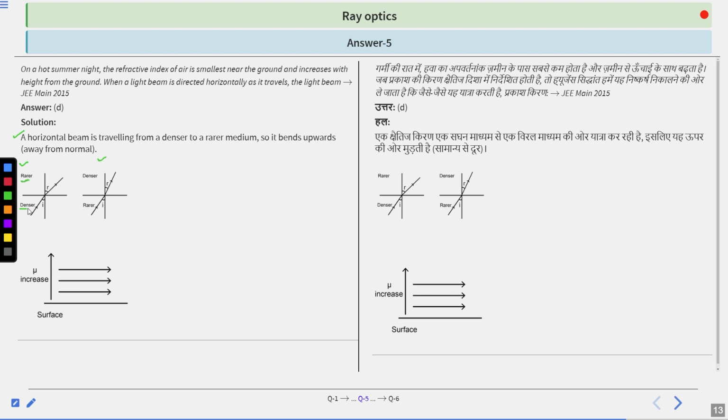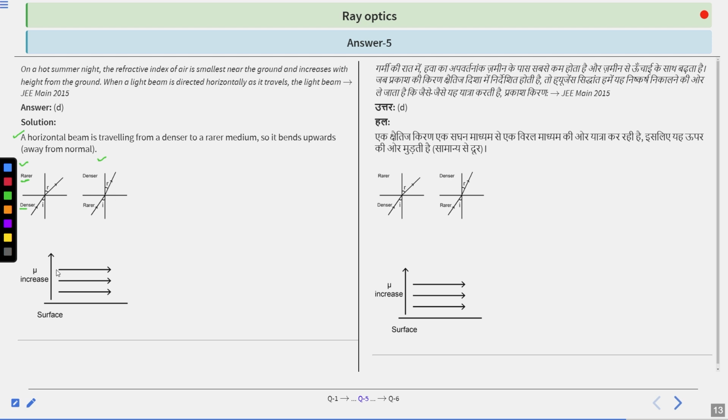When a ray of light travels from denser to rare medium, the refracted ray is away from the normal, and when the ray of light goes from rare to denser, the refracted ray is towards the normal. Clear? So this is the basic principle.